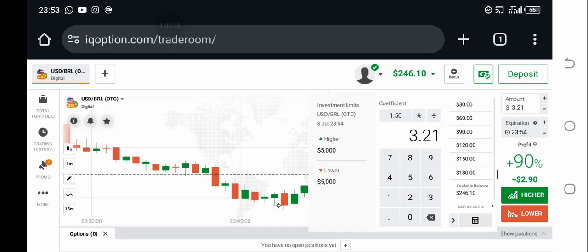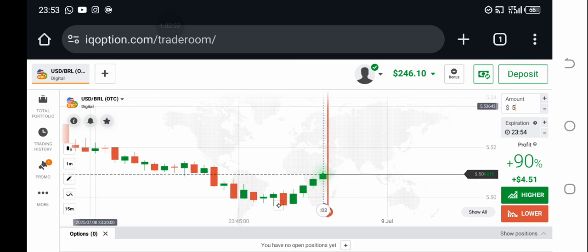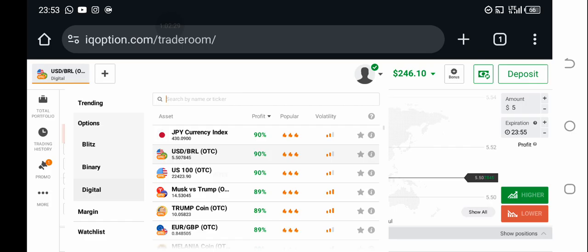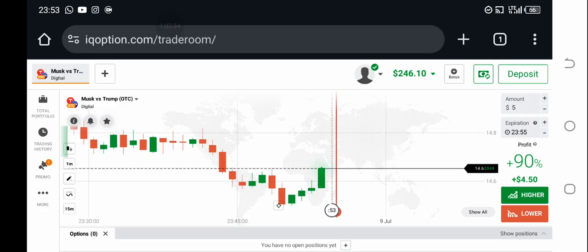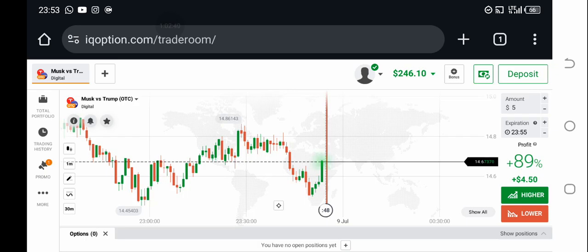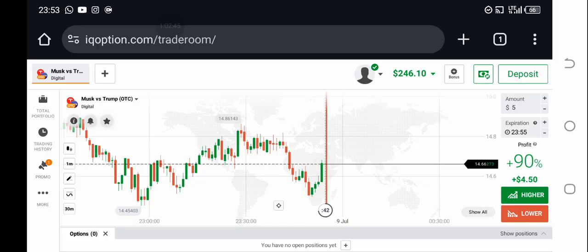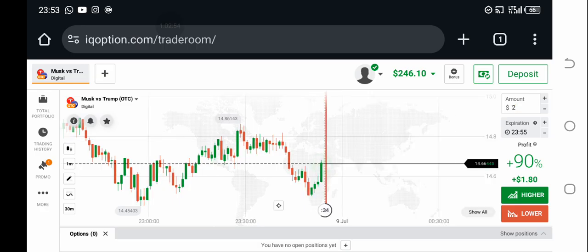So I'm going to just open a one-time trade and then have a profit of $250 and then I'll be out. Since I'm not analyzing anything, let me just reduce my trade balance. You can open your trade with any amount of your choice.